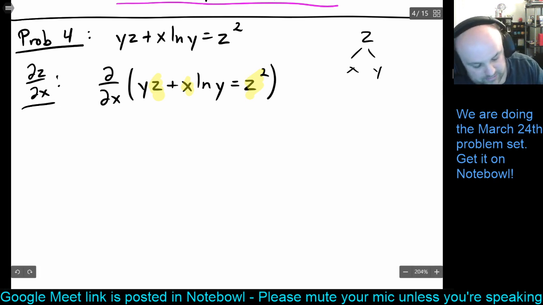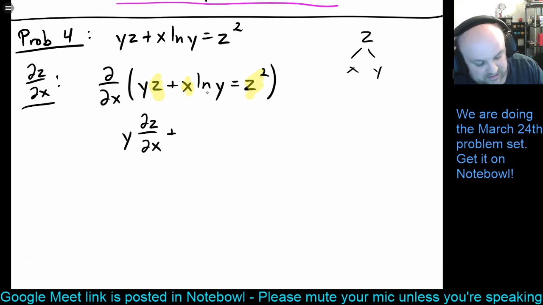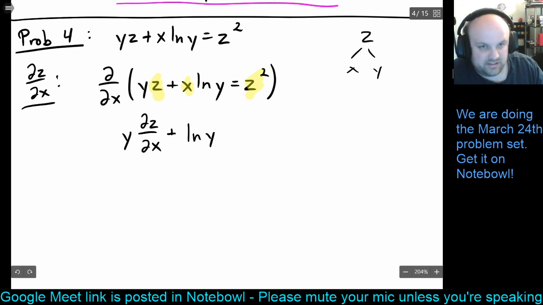So here, differentiate this with respect to x, and we get y times dz dx. Plus, here, it's x times ln y, so ln y is basically a constant, and we're just differentiating the x, so we just get ln y. That's all that's left over from that part.